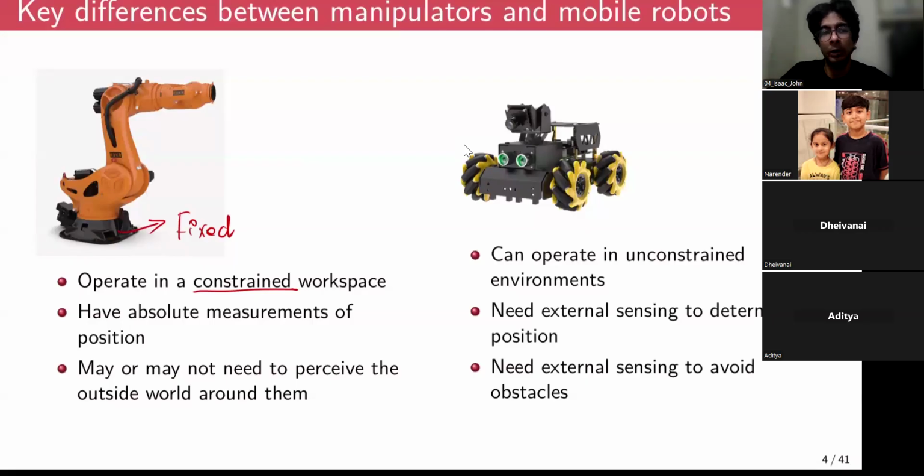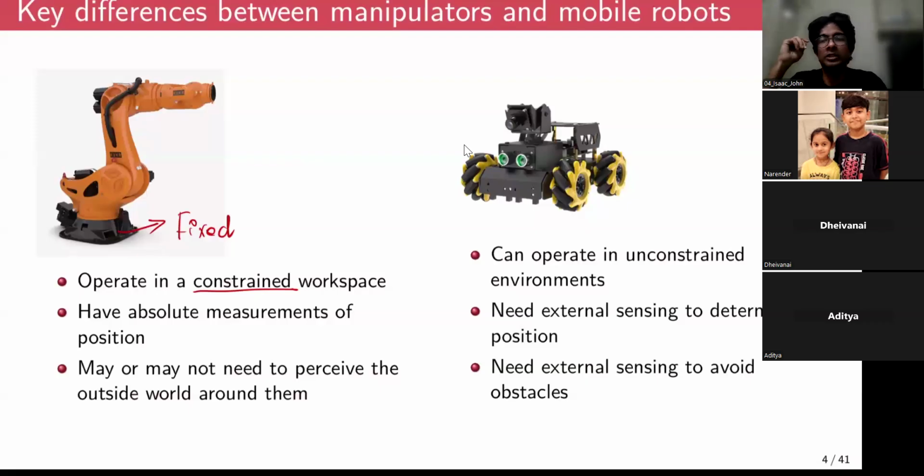It will know in advance how to navigate through the workspace. So if it already knows, it does not require any external sensors to perceive the environment around it. It can basically operate blind.